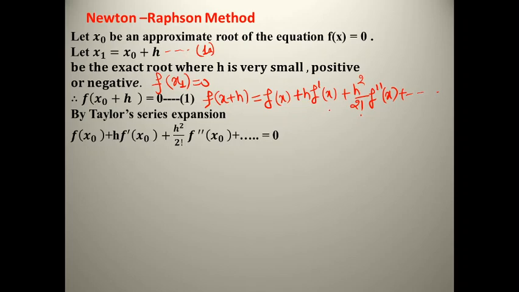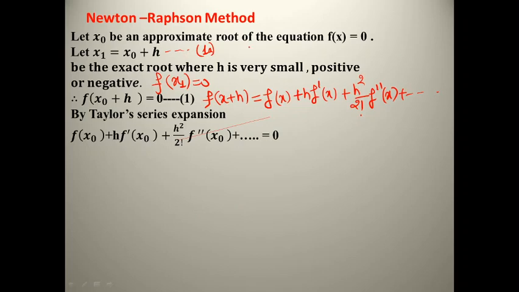This formula I will apply over here with x as x naught. So expanding the left hand side by making use of this formula, we have f of x naught plus h f dash of x naught plus h square by 2 factorial f double dash of x naught plus and so on equal to 0.